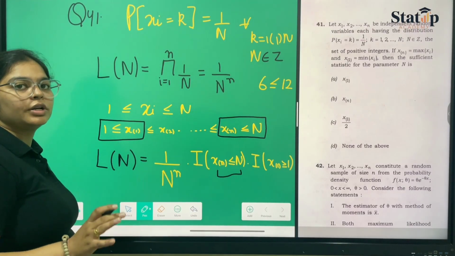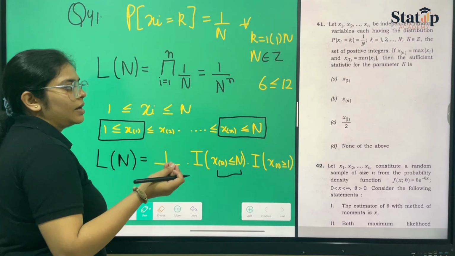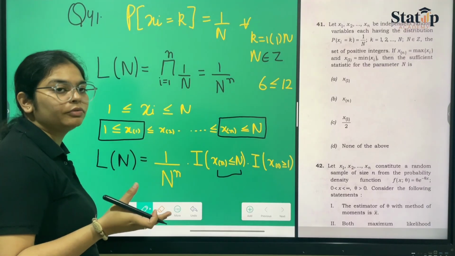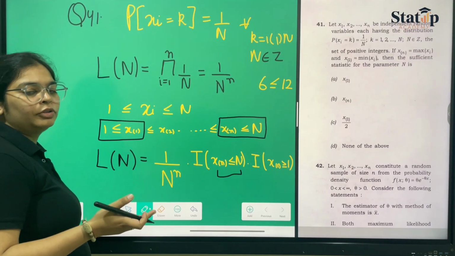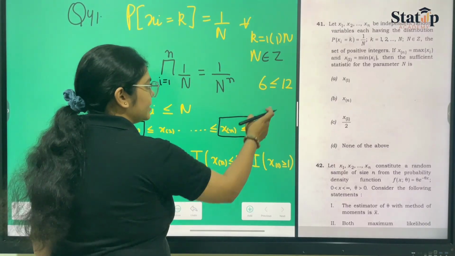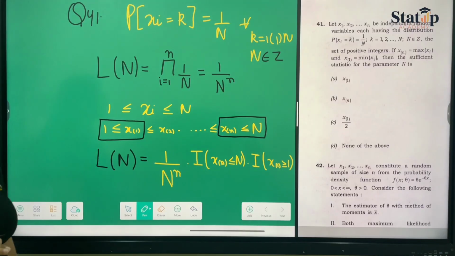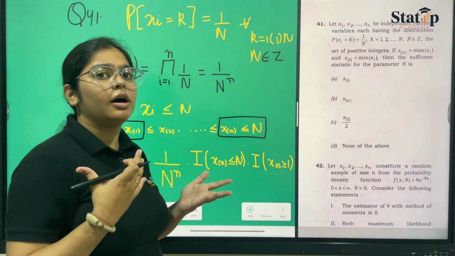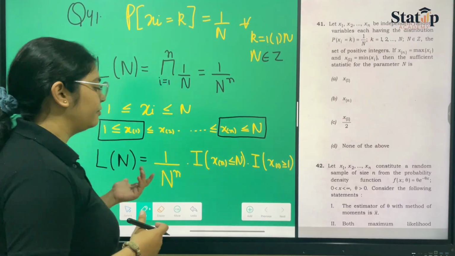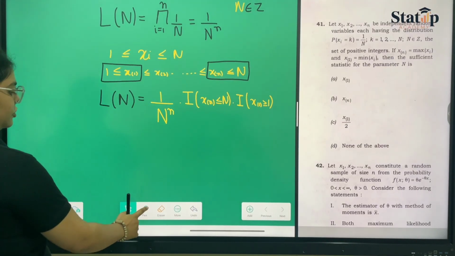It shouldn't be less than that. That would defy our assumptions of the N term of the numerical that has been asked, or of the estimator. So that is why we take an indicator function. It is very important to consider the indicator function to establish the lower limit and the upper limit of any function. I hope the concept behind using the indicator function is clear.